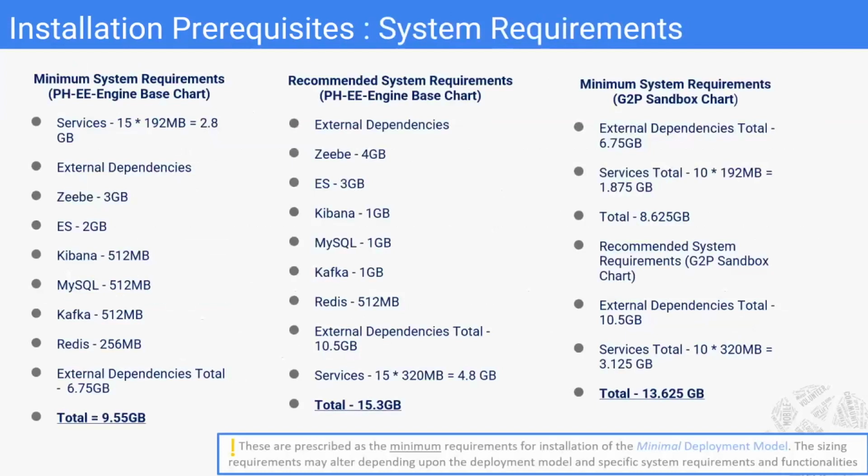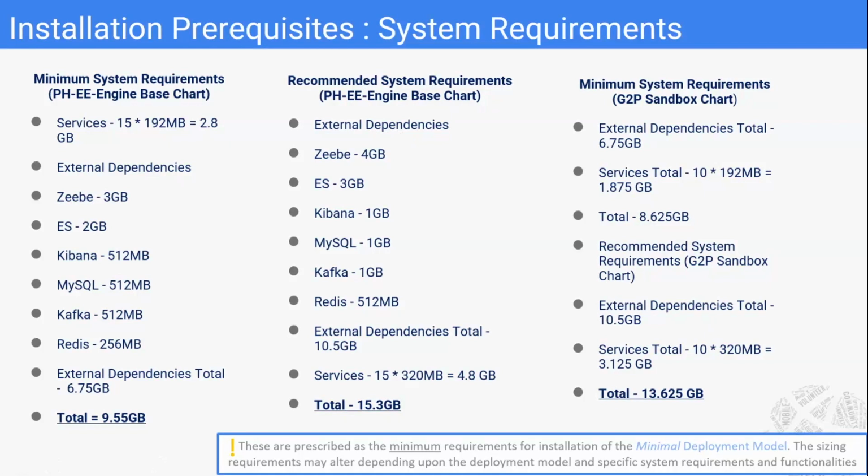Thank you, David. So moving on, we've written down some of the system related requirements related to sizing. Over here on the left side, what you see is the minimum system requirements, the least that you may need. However, in the middle and towards the right, these are the requirements that are recommended. These are sized upon the minimal deployment model that we have in our samples right now.